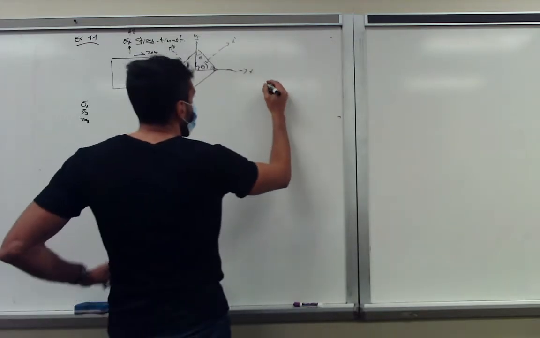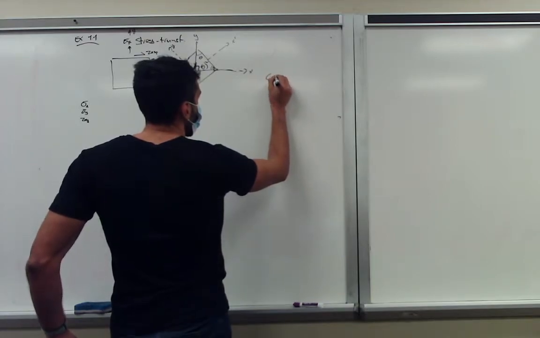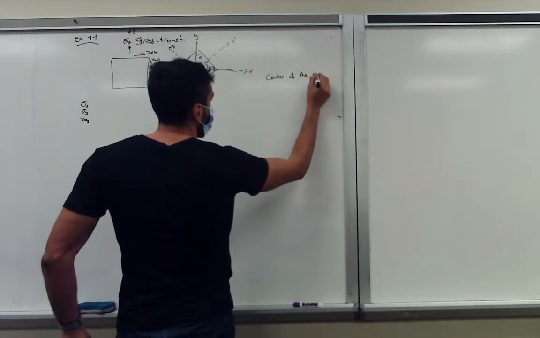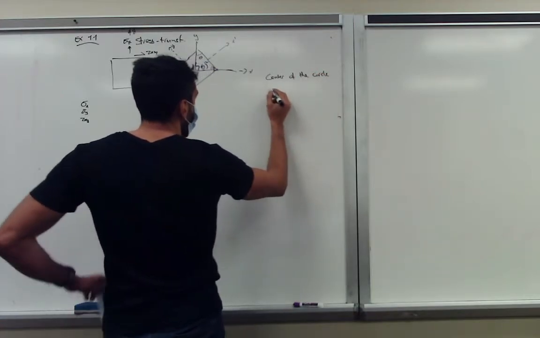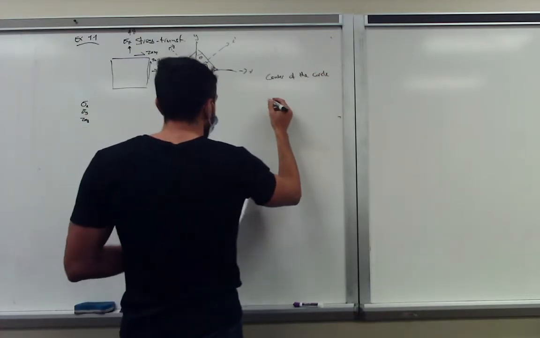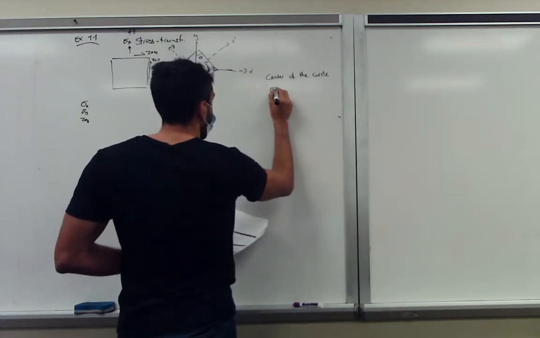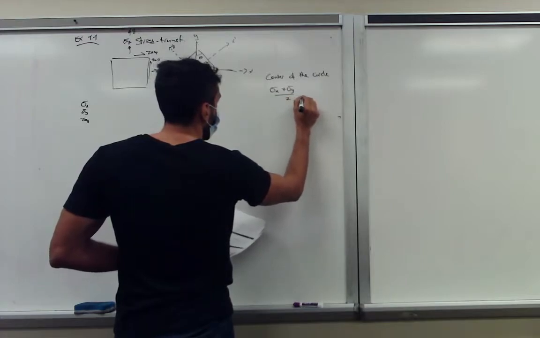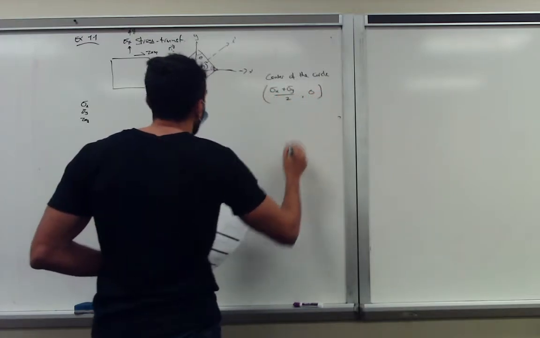First is that the center of the circle is at sigma x plus sigma y over 2, comma 0. That's our x and y coordinate system.